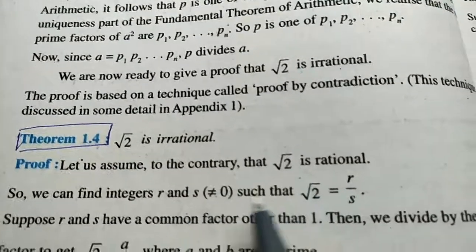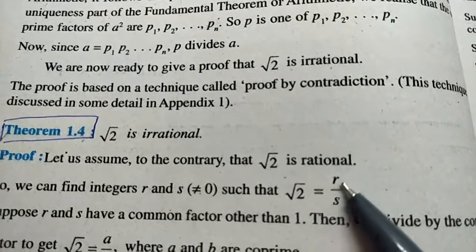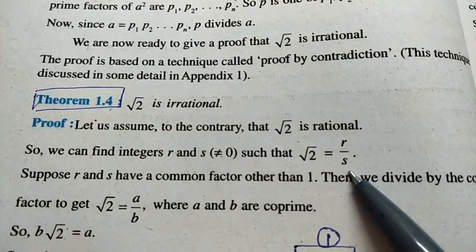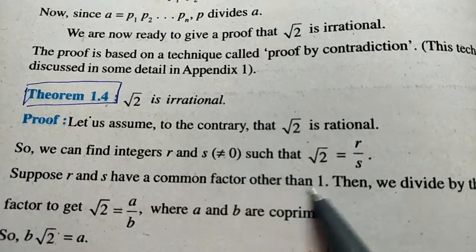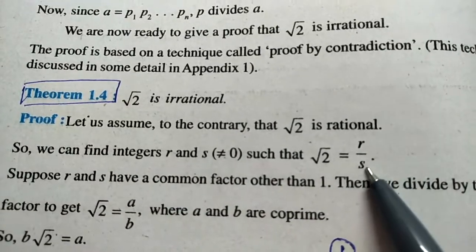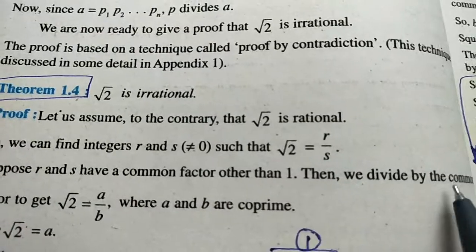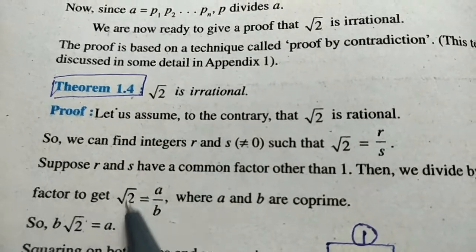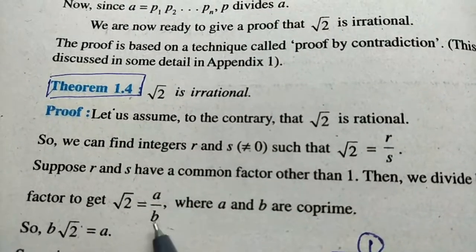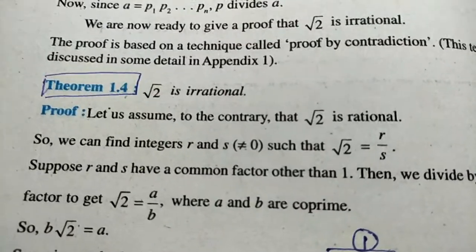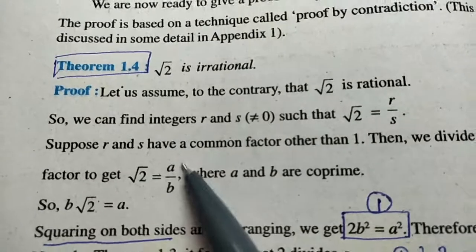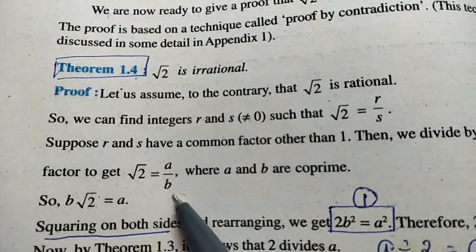If square root 2 is rational, we should be able to write it in the form of r upon s, and they should have no factor common other than 1. So let us see if we have square root 2 which can be written in a upon b form, where a and b are co-prime. What is the meaning of co-prime? That means they have only one factor in common, that is 1.